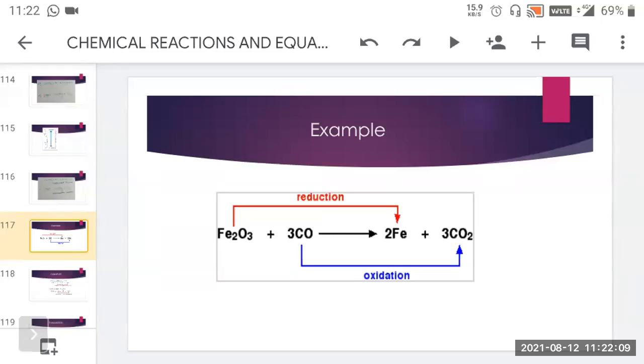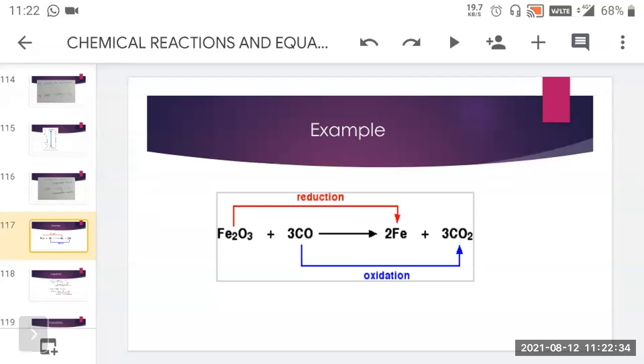Now for reduction, what we saw is that whenever there is a removal of oxygen, that compound or element is reduced. It itself is reduced, so the process of reduction appears. Whereas those elements or compounds which are gaining the oxygen, their oxidation has taken place.